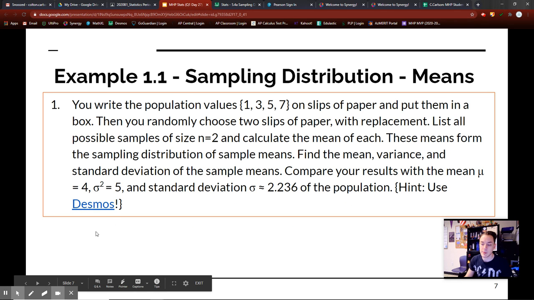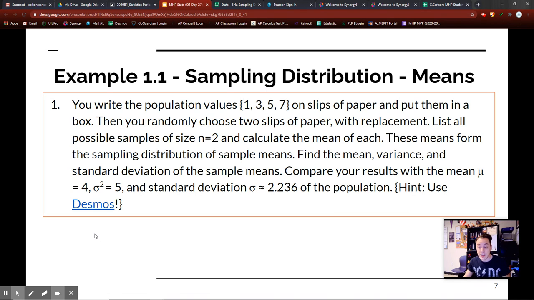So let's go through example one. I'm going to show you how to build this distribution. It's actually very easy if we use Desmos. So I will pull up a Desmos link that you will need to know. It can get tedious, but it's simple. Okay? So you write the population values 1, 3, 5, and 7 on slips of paper.